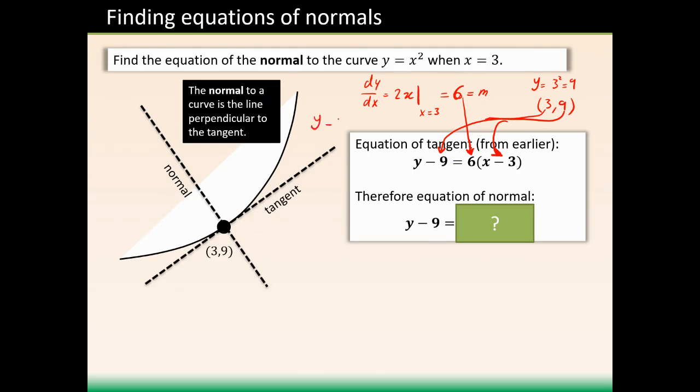If you don't remember, y minus y1 equals m times x minus x1. We substitute the coordinates and the gradient into that equation. So that will tell us the final equation of the tangent, which is y equals 6x minus 9.